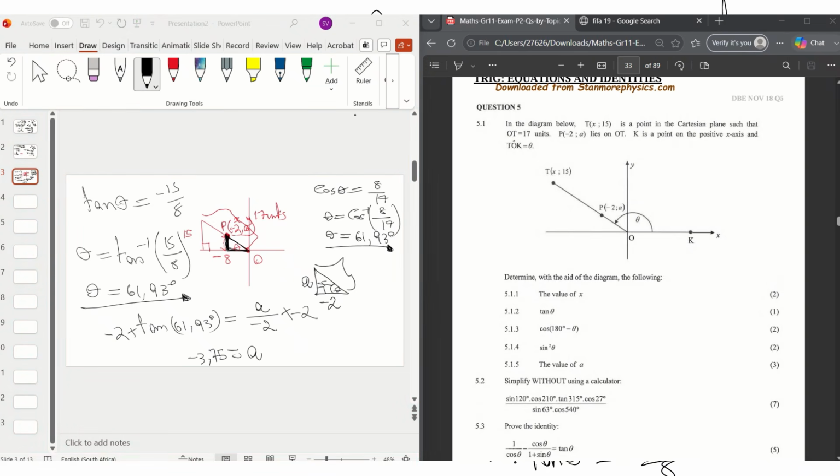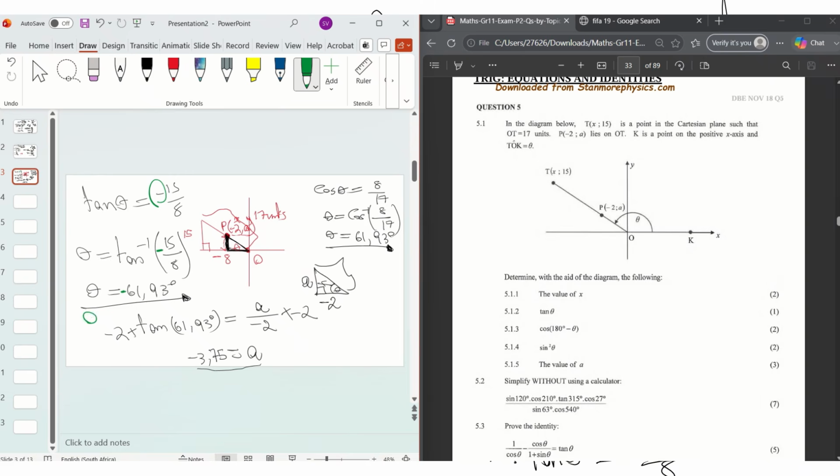Okay. But no, there's a problem, guys. A cannot be negative. We cannot get a negative A. I made a mistake. Oh, it's here. I see. I made a mistake here. Remember, there's a negative there, right? So if I included that negative there, then I'm gonna get -61.93.